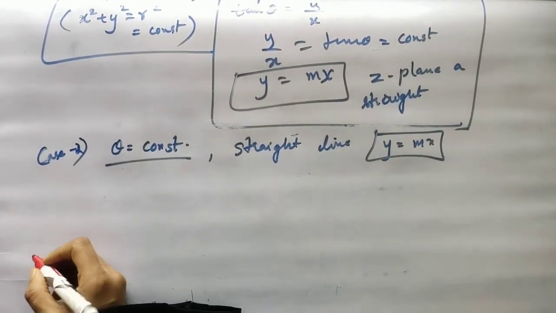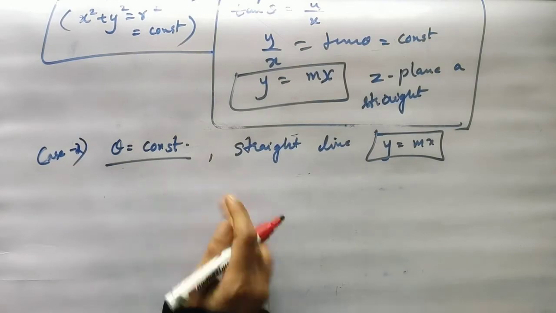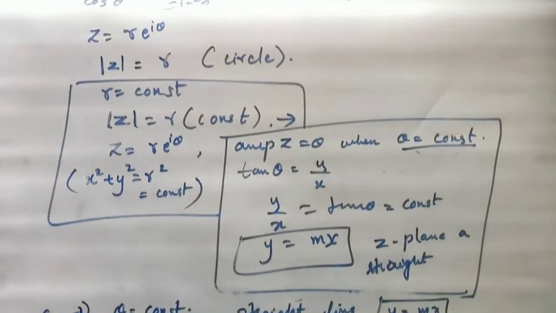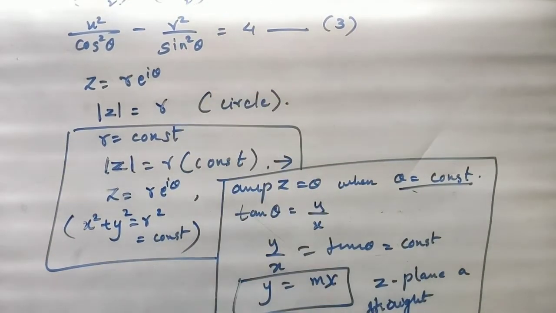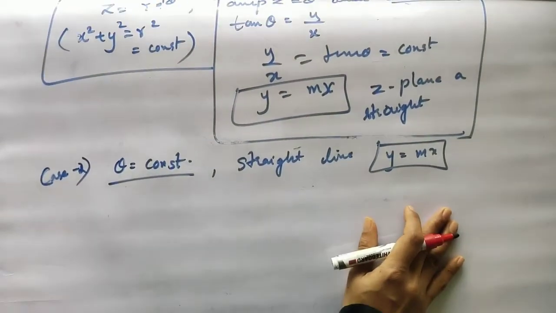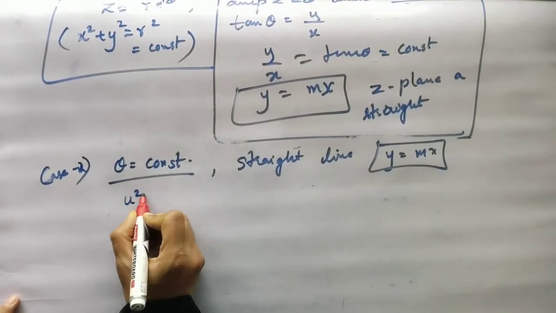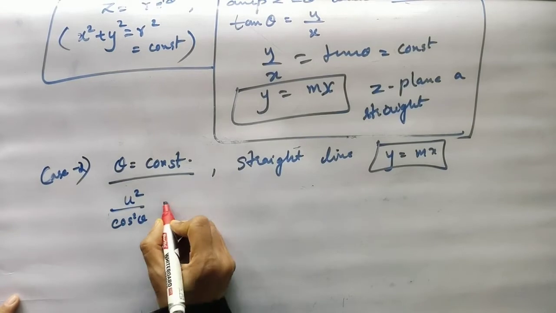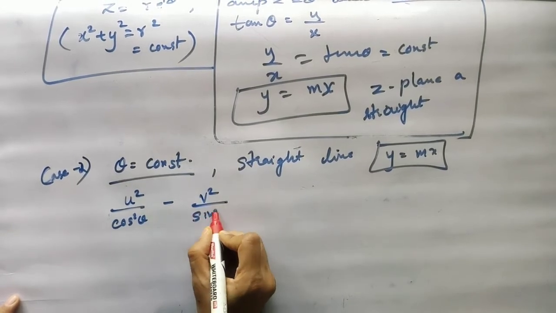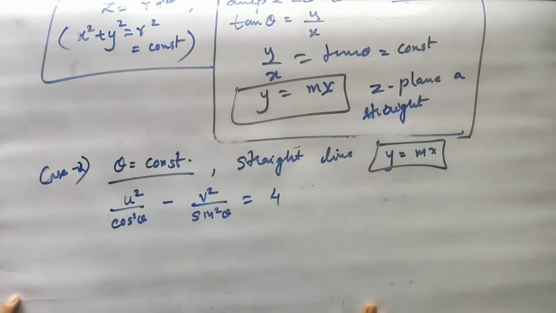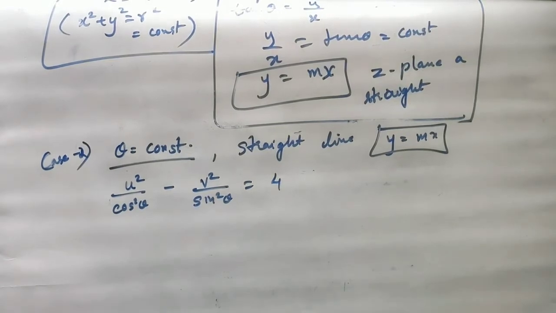Okay, so we have theta is constant. We have equation 3 representing theta. So when theta is constant, u square divided by cos square theta minus v square divided by sin square theta is equal to 4, right?